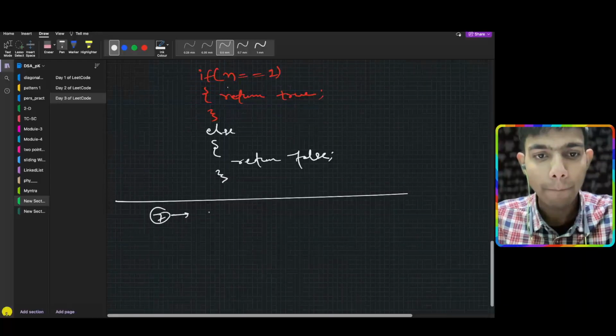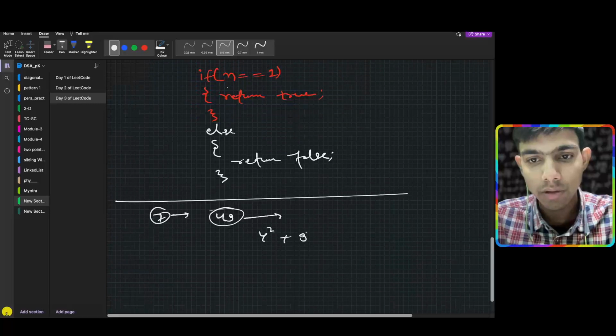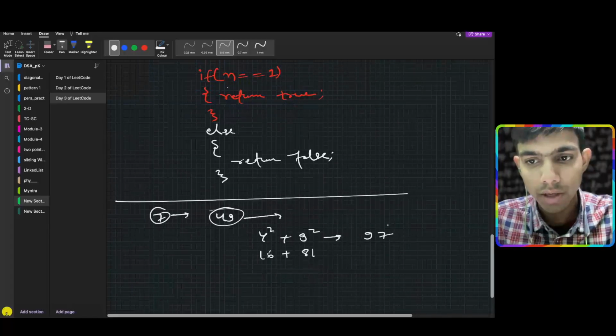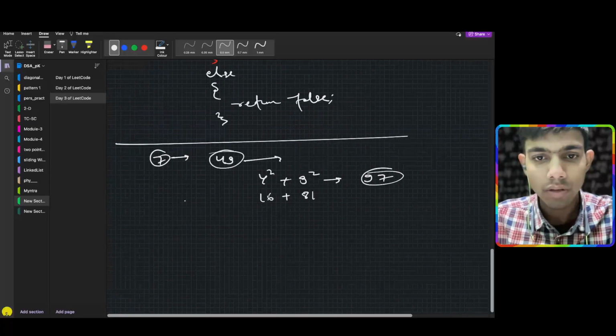But 7 will become 49, and 49 will become 4 squared plus 9 squared. 4 squared is 16 plus 9 squared is 81, so 97.